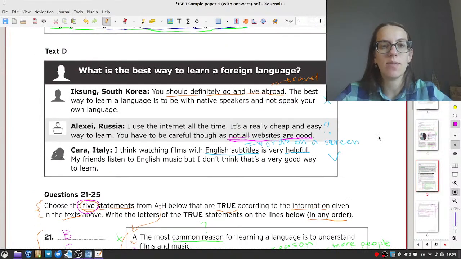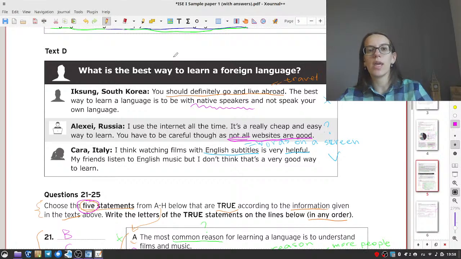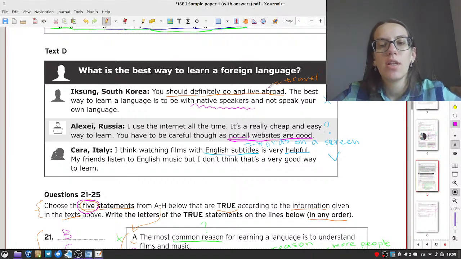That was text D. Yeah, practicing. And which of the 3 people here? Well, that's native speakers here. That's Ik-sung from South Korea. So what can it be? Do something and practice with native speakers.